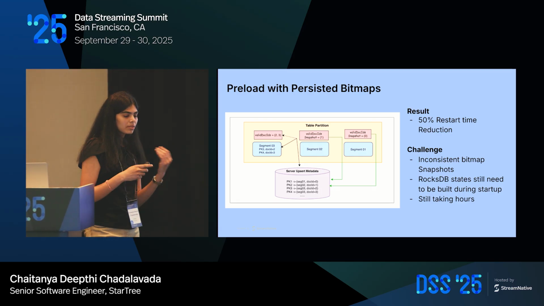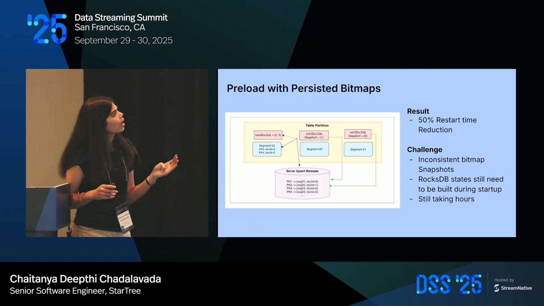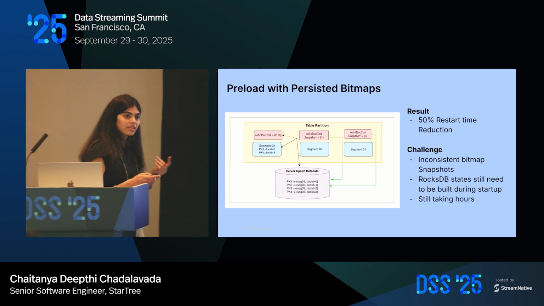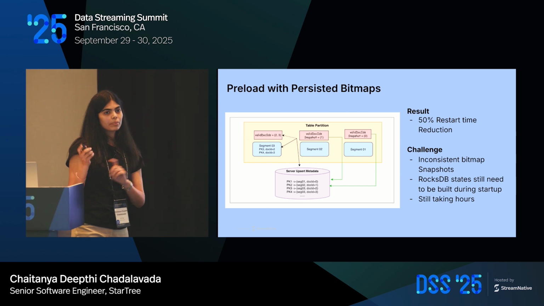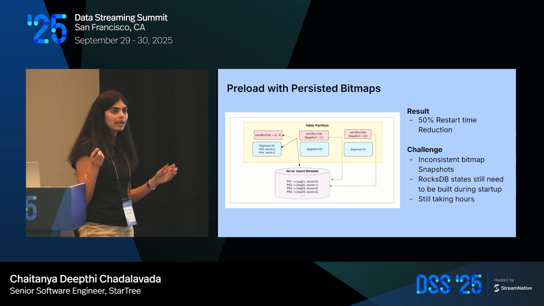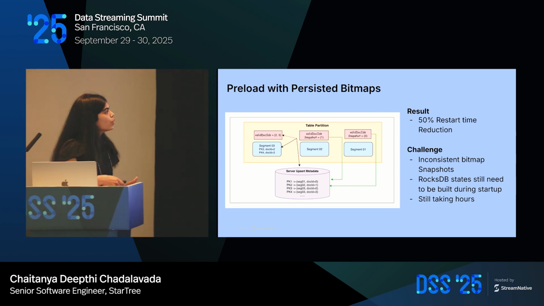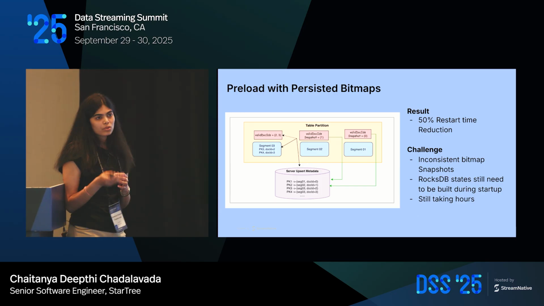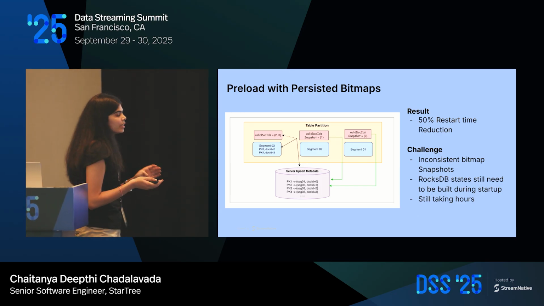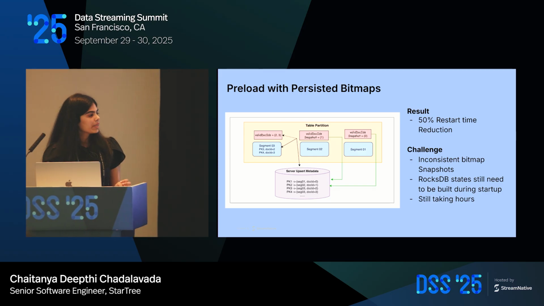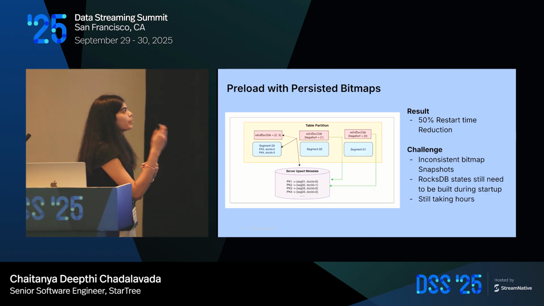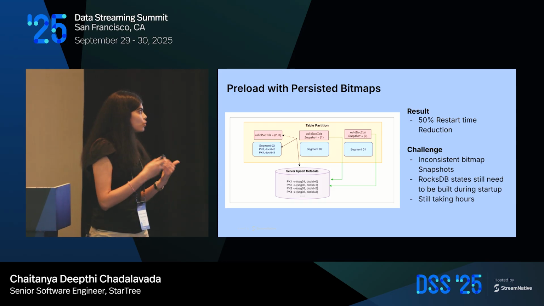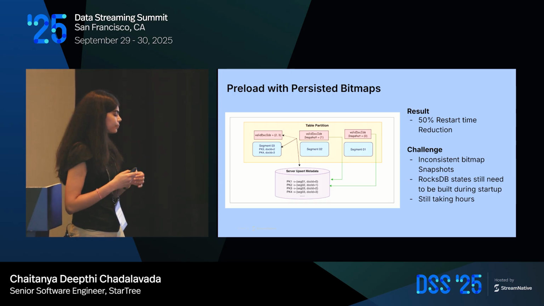All right. With that, we thought about the next approach. Since the valid documents are stored in memory, we thought, why not store them on disk? But the challenge here was these bitmaps keep changing and getting invalidated as the incoming records come in. So we can't make it consistent, but we can still store them on disk. After each segment got committed onto the disk, we took a snapshot of all those segments which got updated in between and stored them on disk.